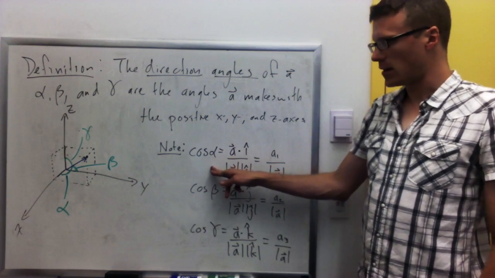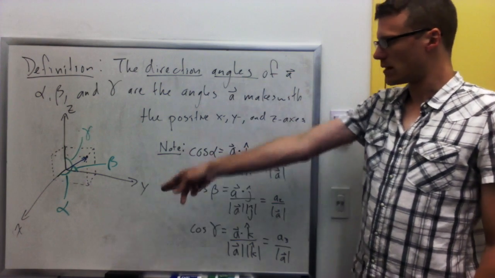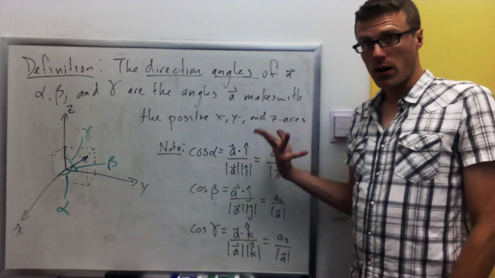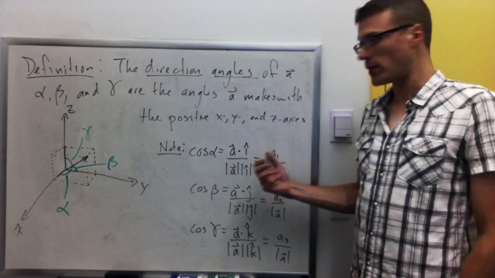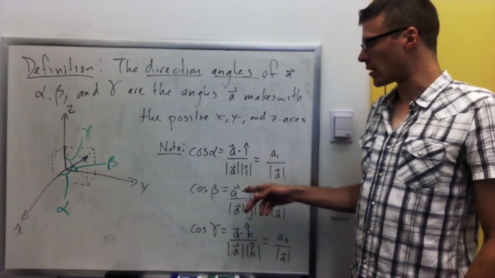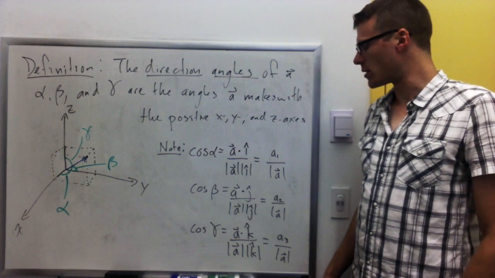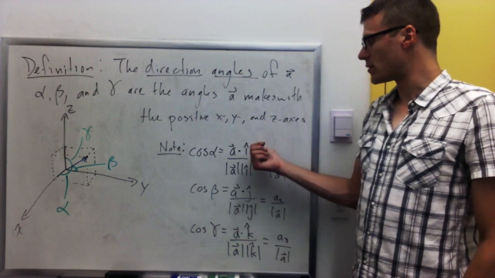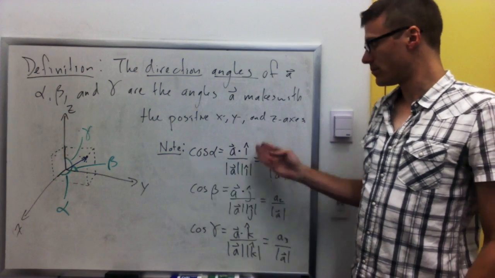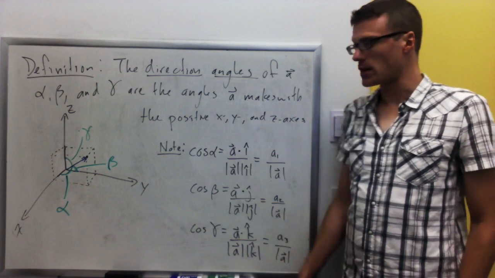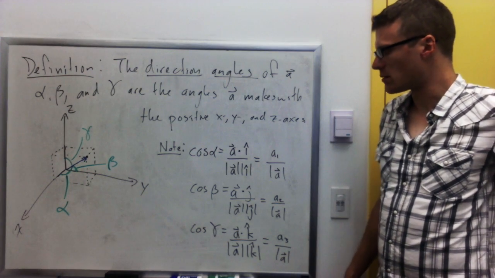So cosine of alpha, well, alpha is supposed to be the angle between A and the positive x-axis. But we have this formula for the cosine of an angle between two vectors, which is their dot product divided by the product of their magnitudes. And since i goes in the direction of the positive x-axis, we get cosine of alpha is A dot i divided by the magnitude of A times the magnitude of i.